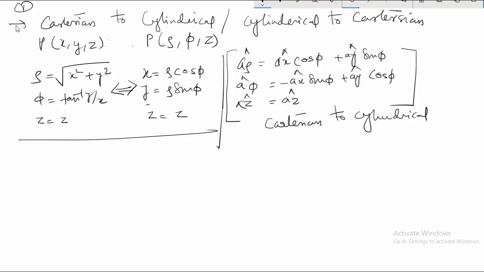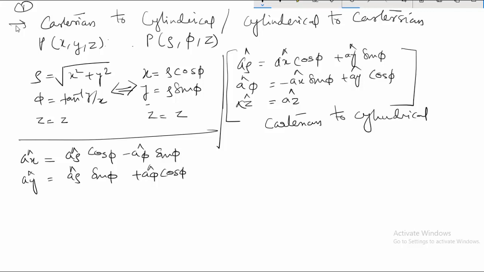Again, from cylindrical to Cartesian, if you want to convert it, it is ax equal to a rho cos phi minus a phi sin phi, and ay is equal to a rho sin phi plus a phi cos phi, and az will be always equal to az.